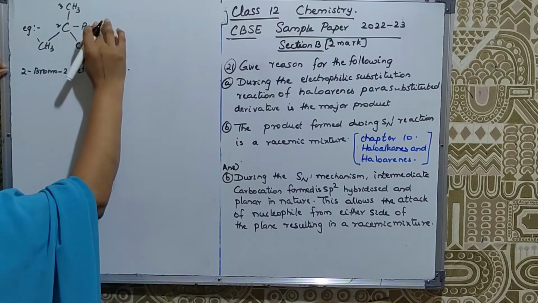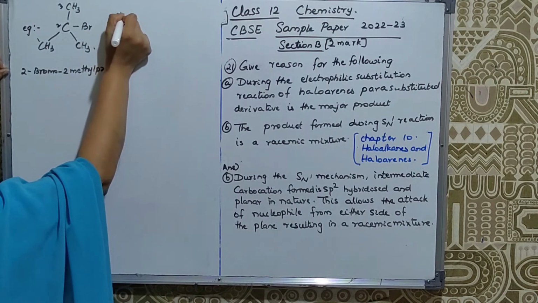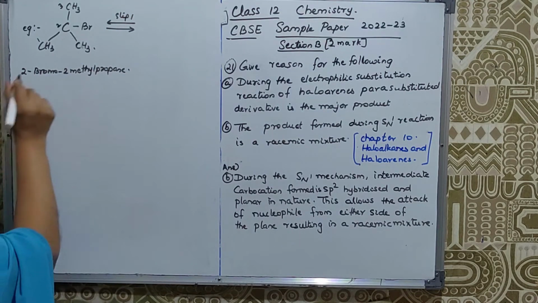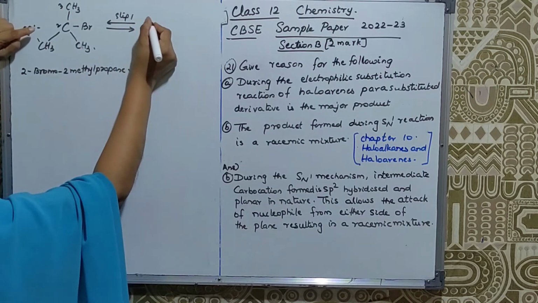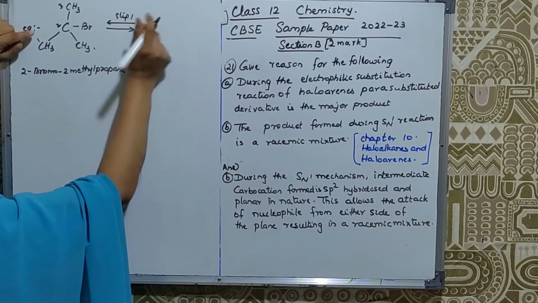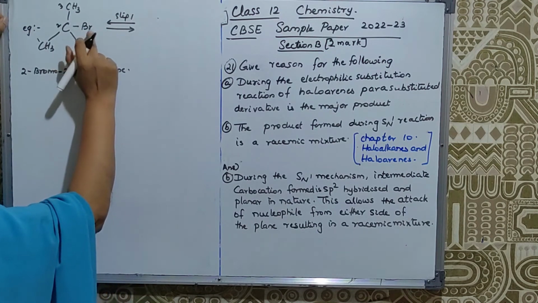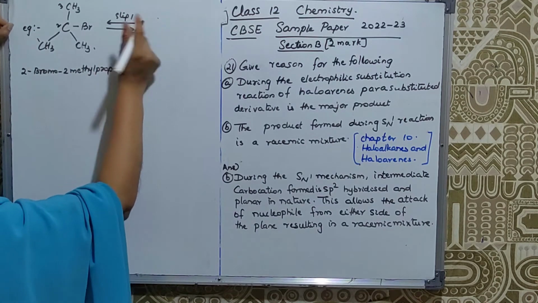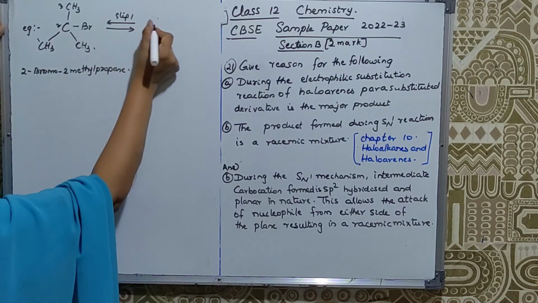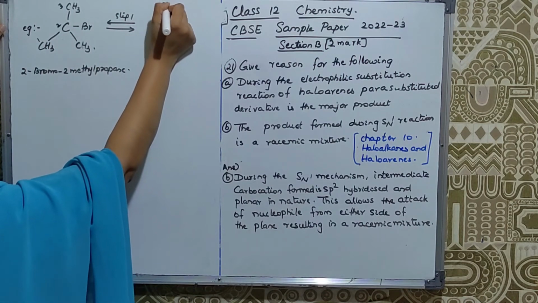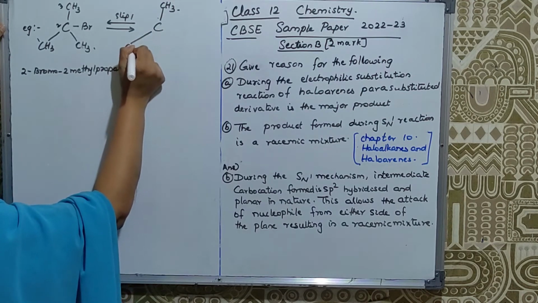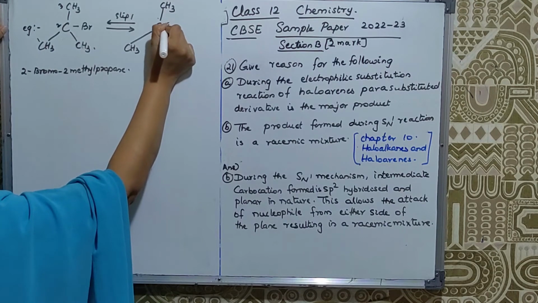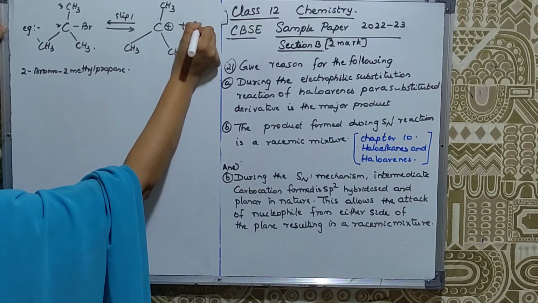In the SN1 reaction, step 1: when the bromine is removed, a carbocation will be formed. That means Br minus will be removed from 2-bromo-2-methylpropane and a carbocation will be formed, (CH3)3C plus, with Br getting a minus sign.